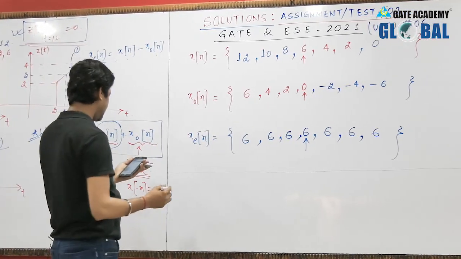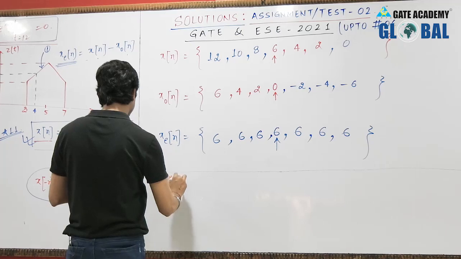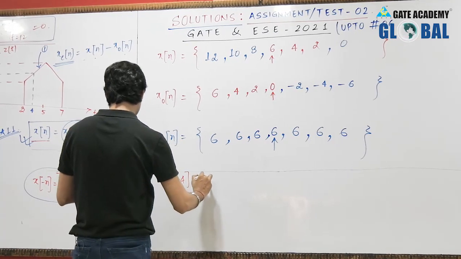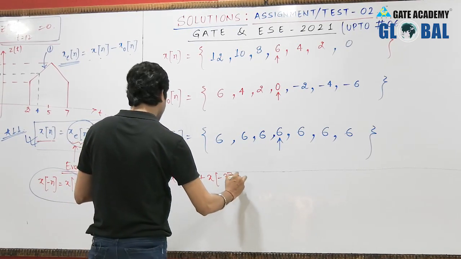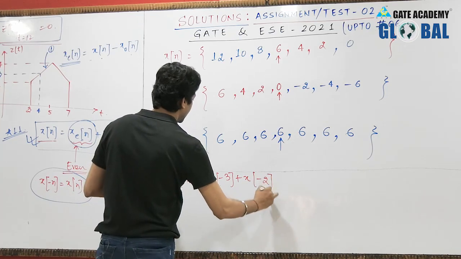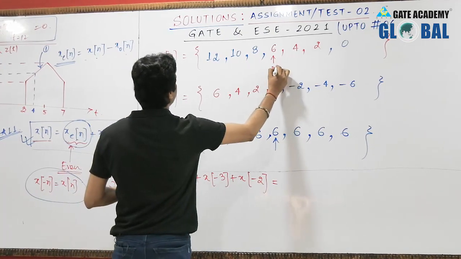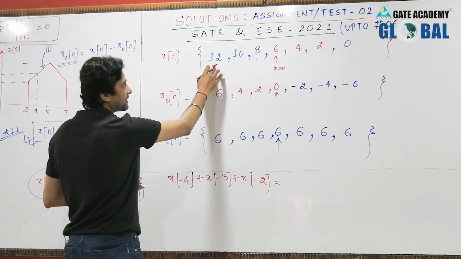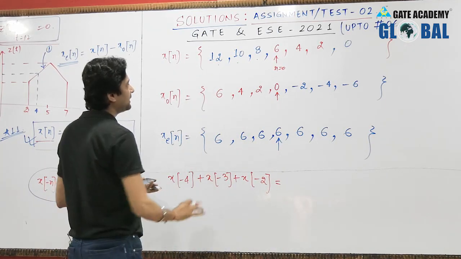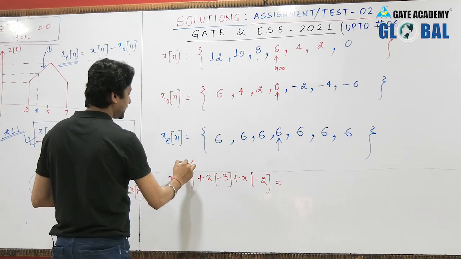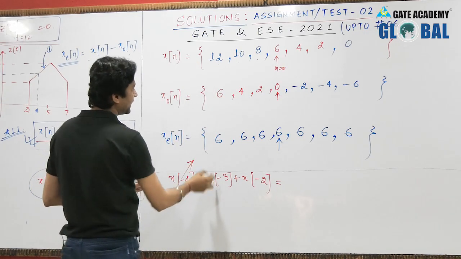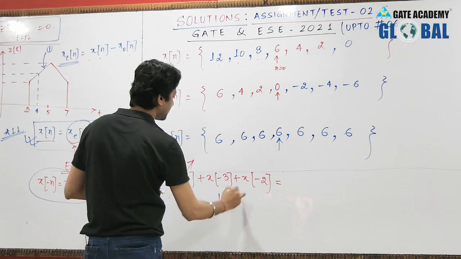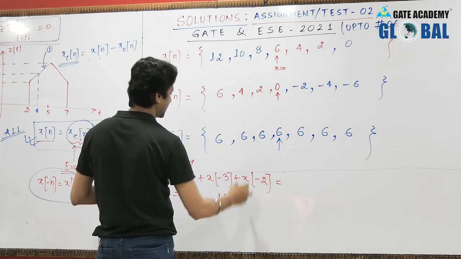Therefore, we can obtain the value that is being asked, that is x of minus 4 plus x of minus 3 plus x of minus 2. So you can see it is n equals 0, minus 1, minus 2, minus 3. The signal exists only from n equals minus 3, therefore the value of x of minus 4 is 0. x of minus 3, the value is 12, and plus x of minus 2, the value is 10.